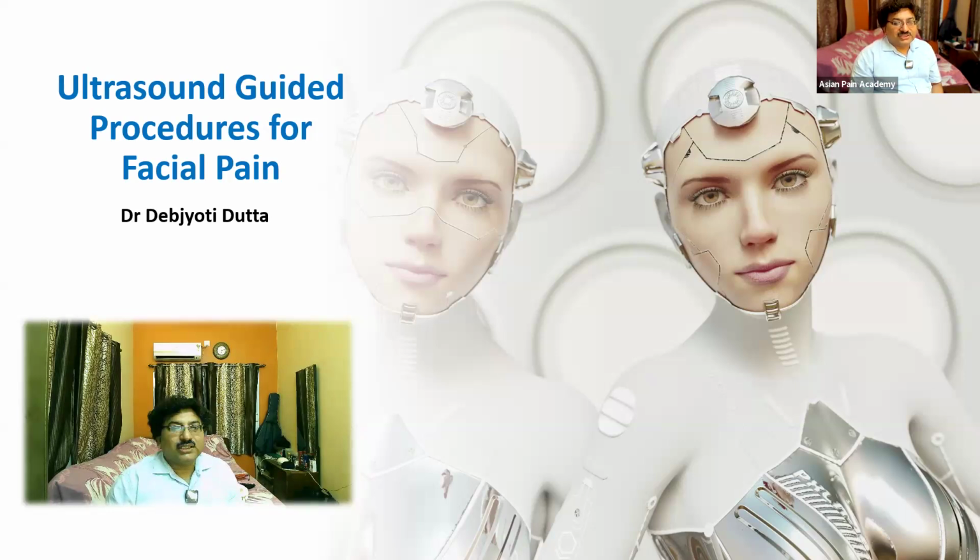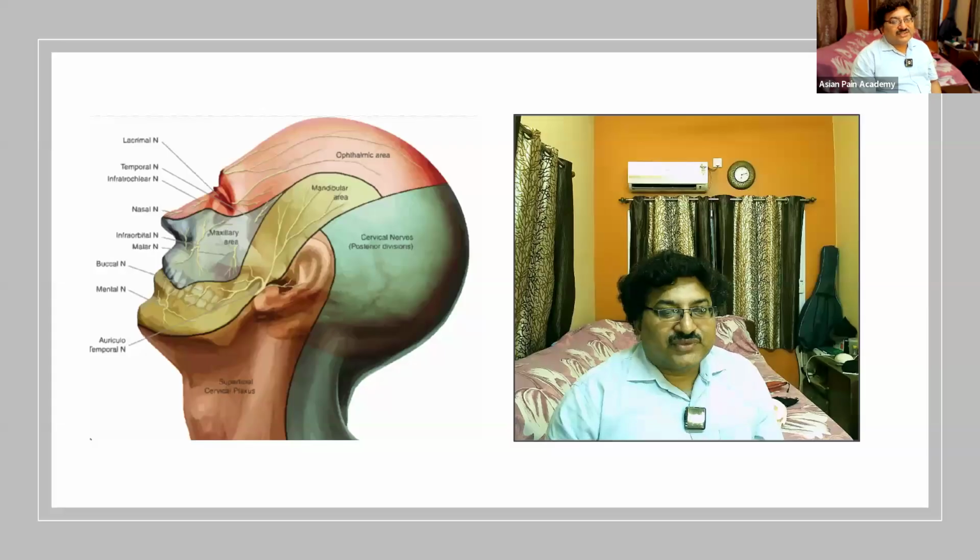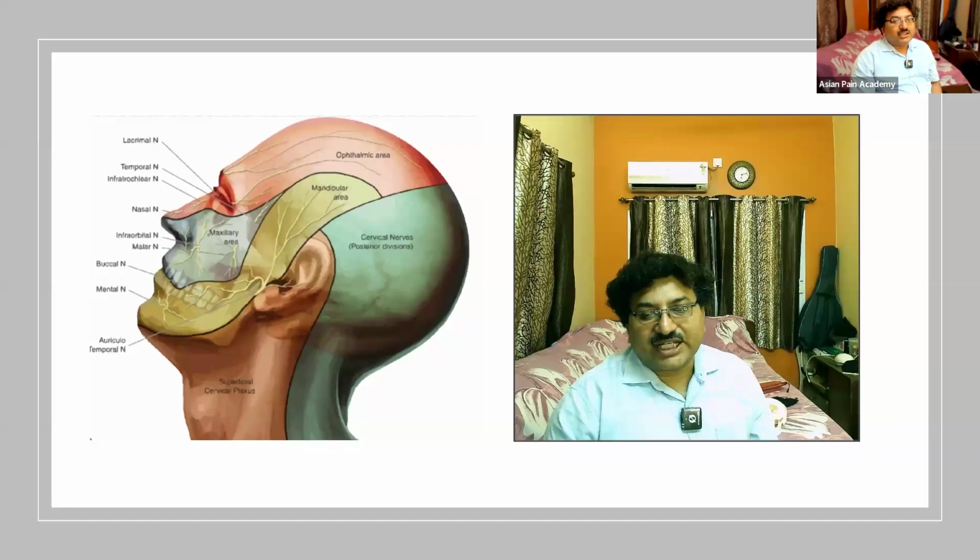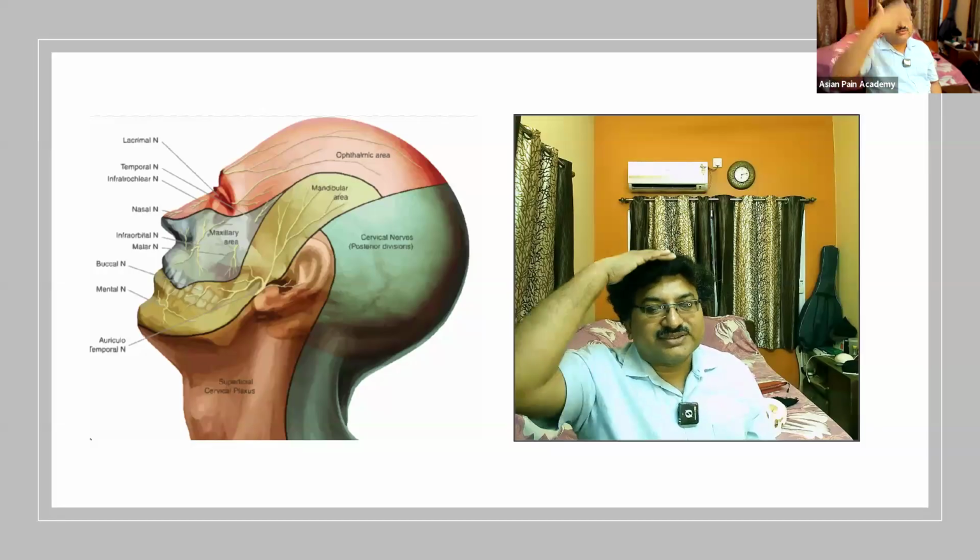Okay, so let's start with the ultrasound guided procedures for facial pain. First of all, the face is mainly supplied by the branches of the trigeminal. The trigeminal divides into its three branches: ophthalmic, maxillary and mandibular. Ophthalmic supplies the upper part of the face, mainly above the nose, the eyes, the forehead and the anterior part of the scalp as well.